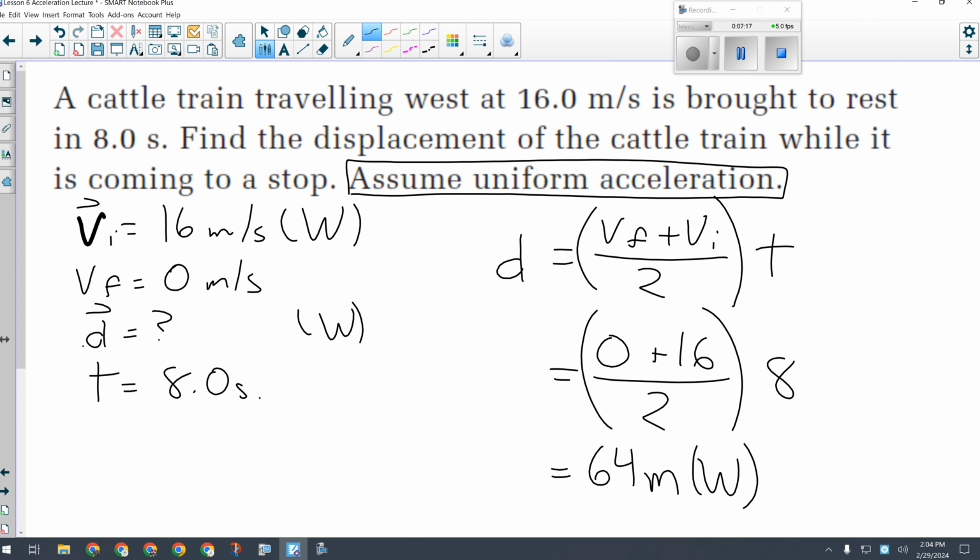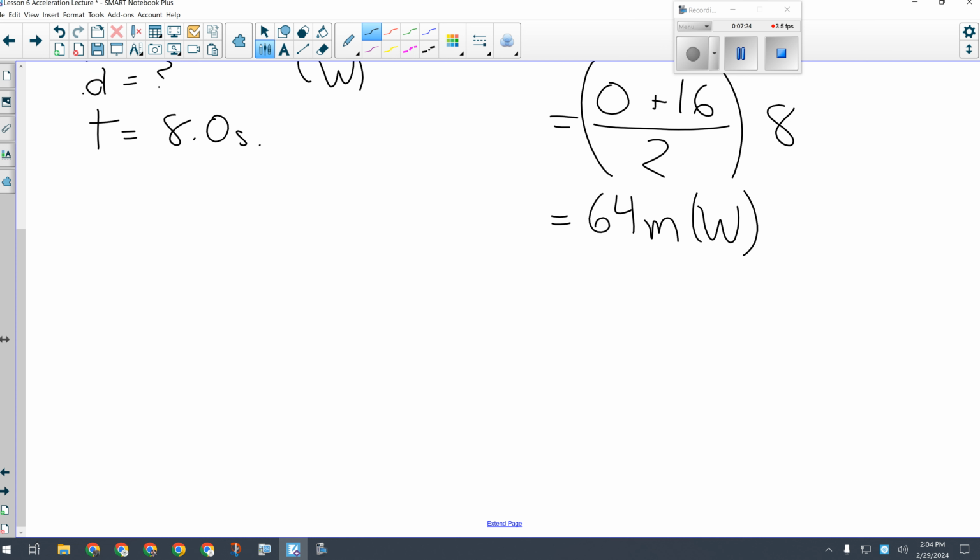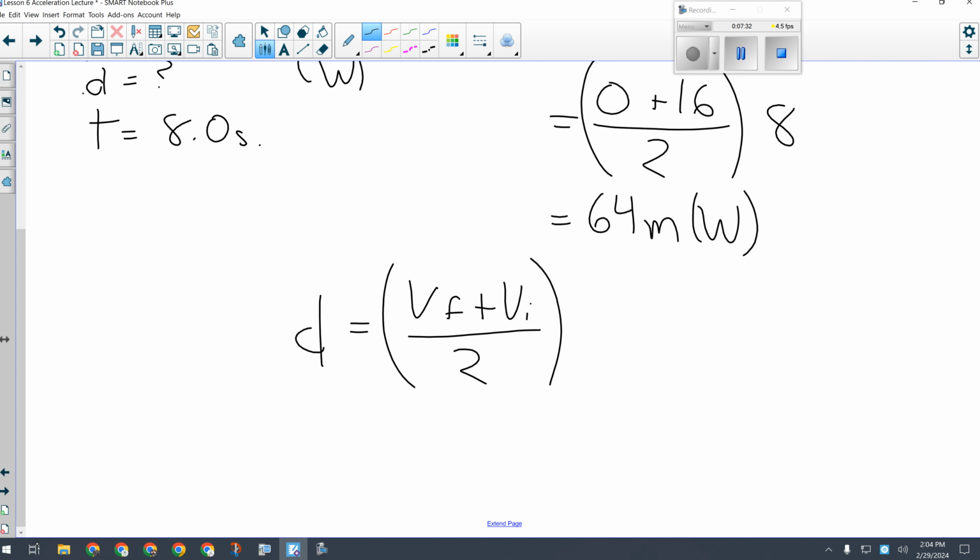Let's look at how we manipulate this formula, all the different ways we can change it around. So I've got d equals (Vf plus Vi) divided by 2, times t. Let's say I want to solve for t. What should I do?